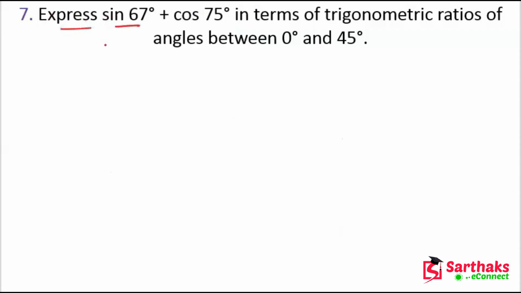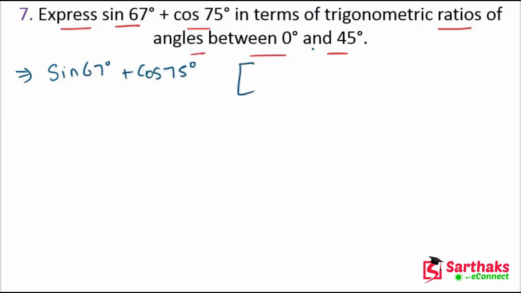Express sin 67 plus cos 75 in terms of trigonometric ratios of angles between 0 and 45 degrees. Listen very carefully. We have sin 67 degree plus cos 75 degree.